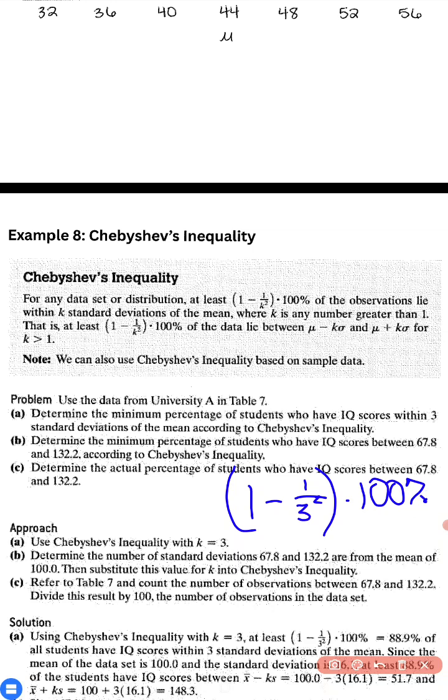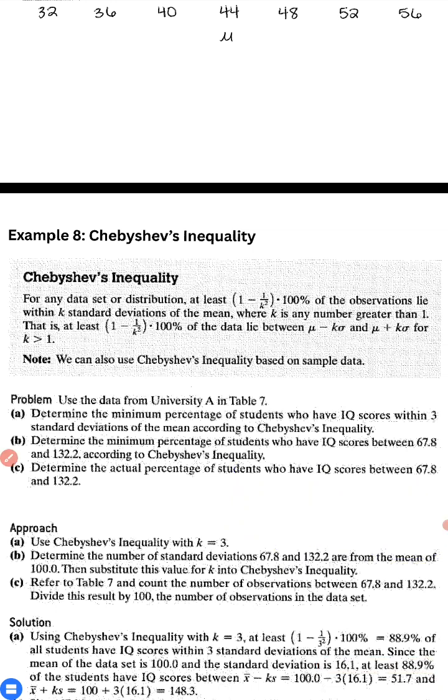Okay? And if you use your calculator to do 1 minus 1 over 3 squared, that gives you 8 ninths, which as a decimal is 0.888, and it keeps going. It's 0.8 repeating. Well, if I multiply that by 100%, that gives me 88.9%. And that's how Chebyshev's inequality works.